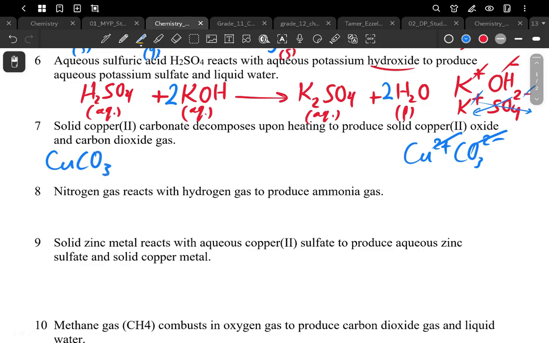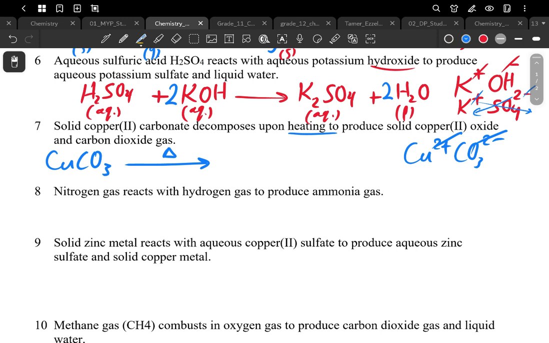CuCO3 decomposes. Decompose means this is a decomposition reaction. Decomposes means it breaks down into its components by heating. We put a triangle here on the arrow, so you mention that this is a heating process, and this reaction is called thermal decomposition.